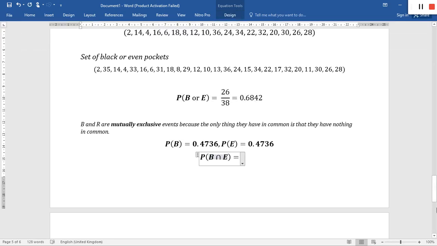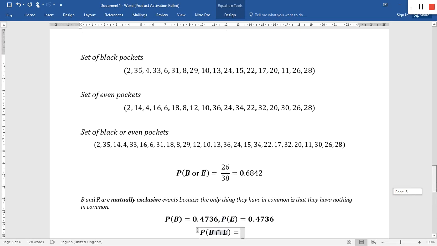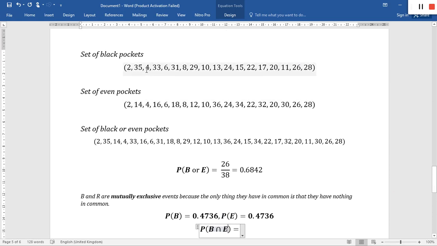Okay, we need to now check all the numbers that occurred in both sets. So we have 4, we have 6, we have 8. That's 3 numbers. We have 10, that's 4. We have 24, that's 5. We have 22, that's 6. We have 20, that's 7. We have 26, that's 8.